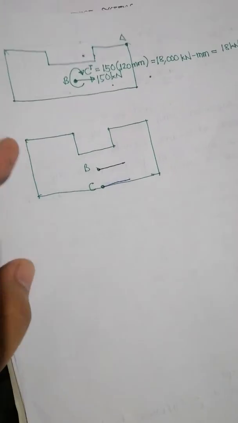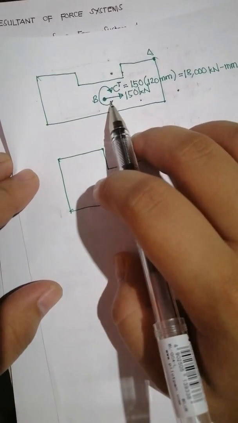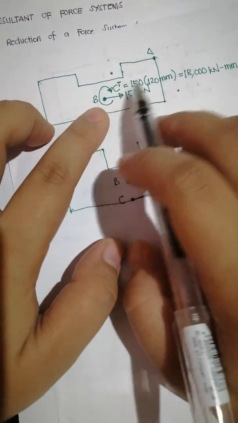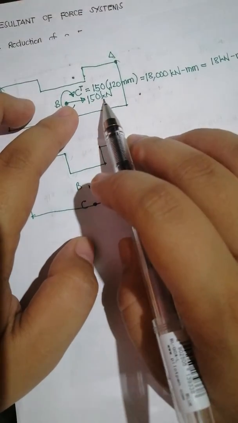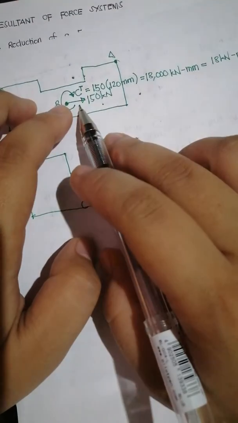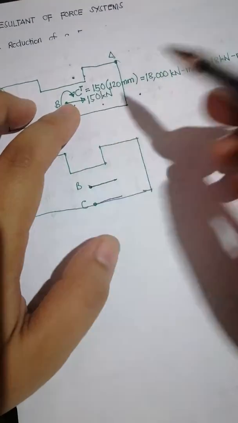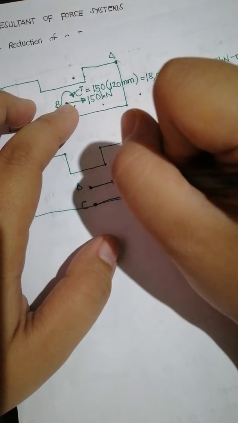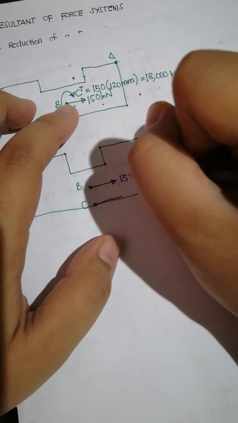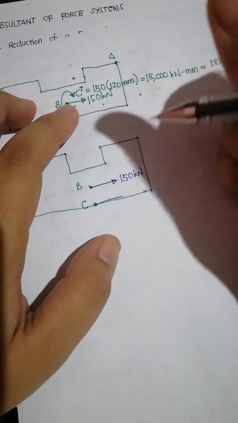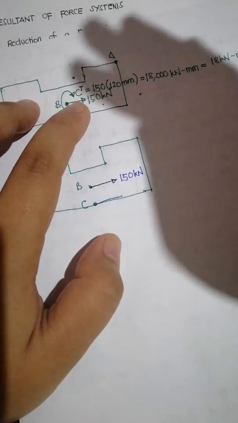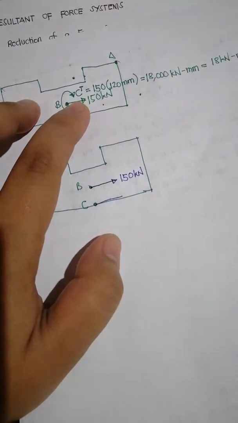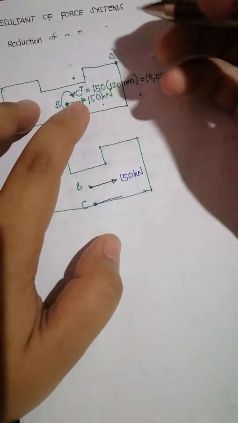Okay, so since we can refer to this force couple system, we know that there is a couple formed which is equal to 18 kilonewton meters, and there is a force of 150 kilonewtons. So we could retain, of course, the 150 kilonewton force directed to the right. And for this couple of transfer, we could change it into two horizontal forces that are parallel.